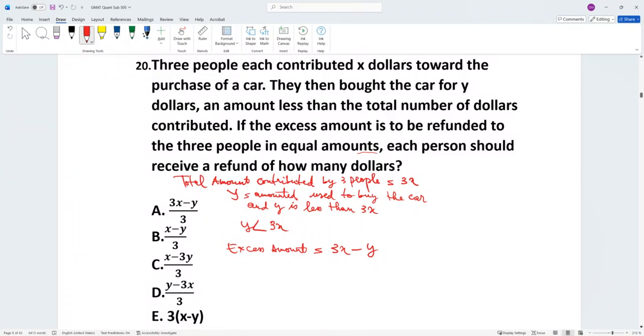Okay, and as you can see, the answer choices have to be in terms of x and y.